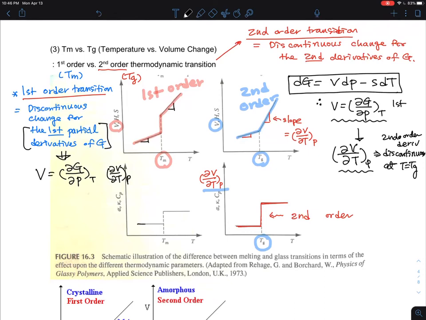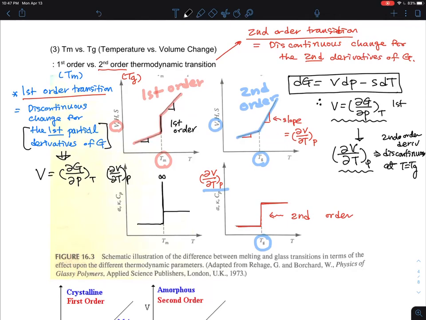So they are like this. But here, the slope at the melting transition is really high, and you will actually have an infinitely large slope. So that's a better picture than the one shown in the textbook, and I wish that the authors would fix this one. So at melting temperature, your slope here is discontinuous, and typically shown as a pretty sharp transition up here. So that's why this makes it a first order transition.